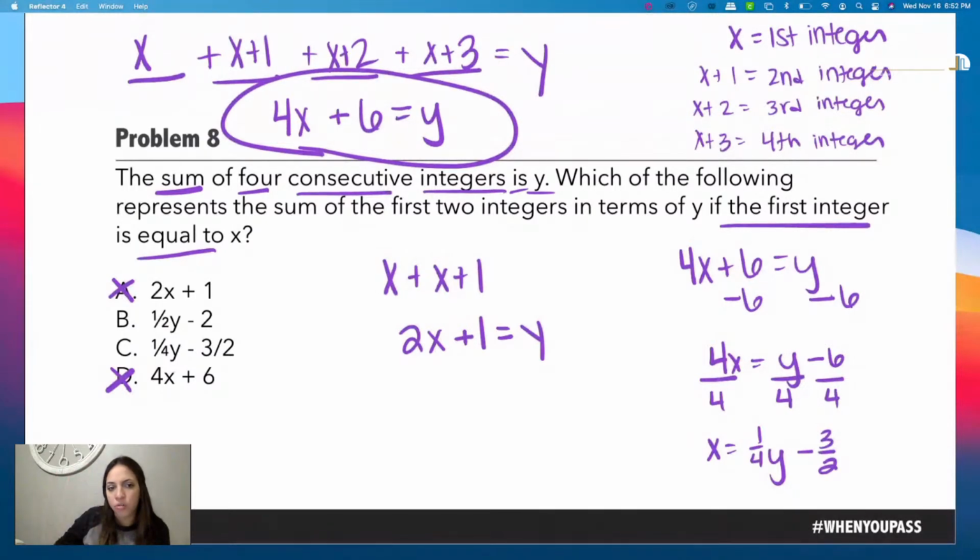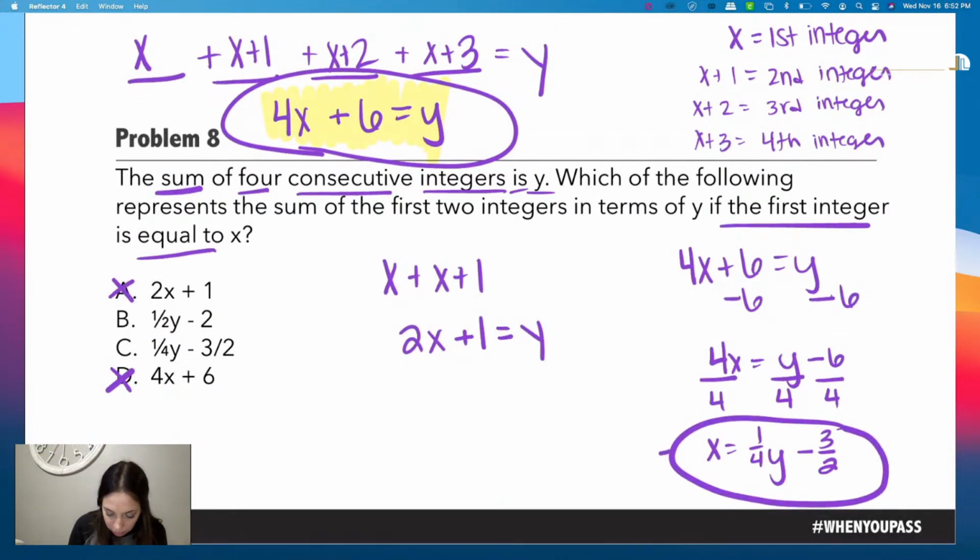Did you follow that? All I did was take this and solve it for x. Now I'm going to take my x value and plug it into here. So 2 times 1/4 y minus 3/2 plus 1.